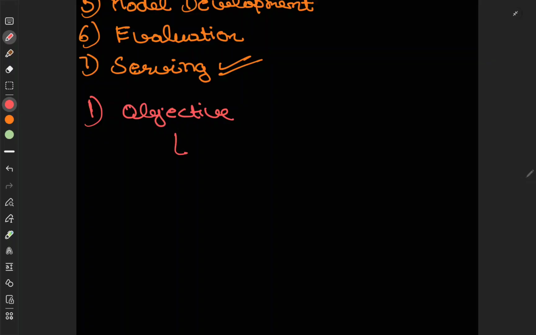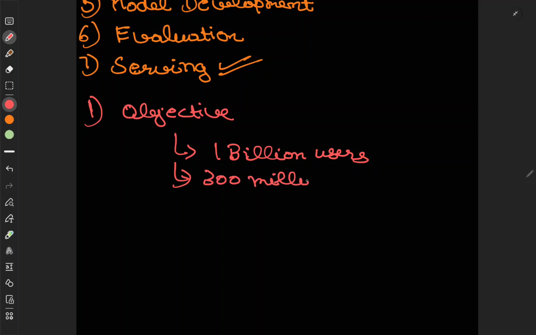But how many users do we have? Let's talk about that. Let's set some constraints. So consider that we have around 1 billion users on the platform, and consider that 300 million users are active users. And the other things on the platform are the same as LinkedIn.